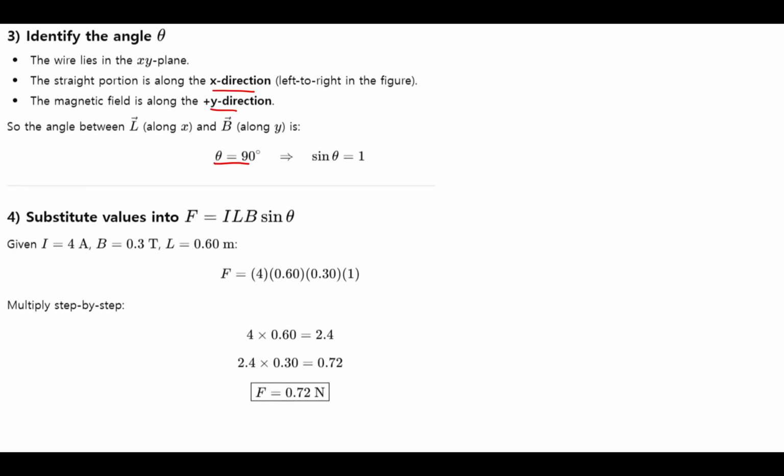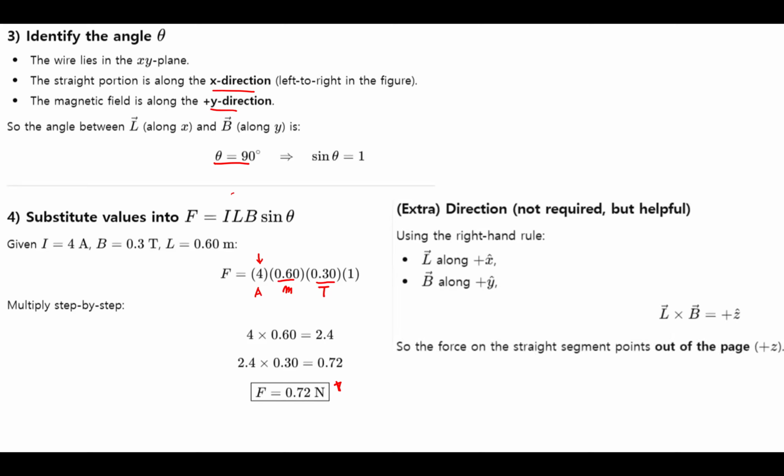And then we know the numbers required, so you can plug in the current in ampere, the length in meter, and the magnetic field in Tesla, and this is what we get in Newton.